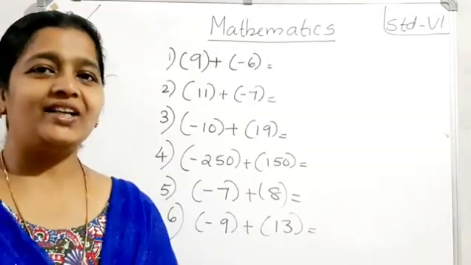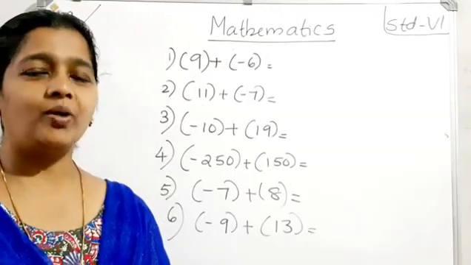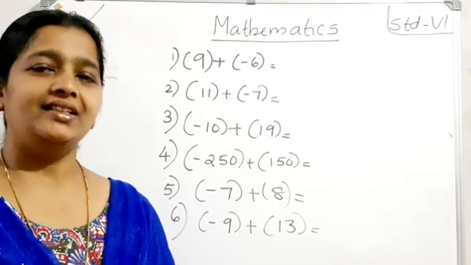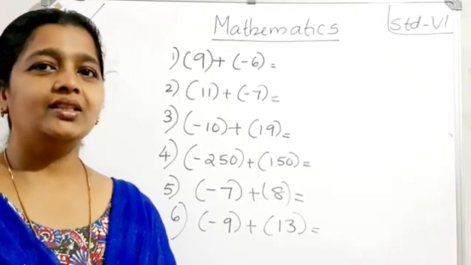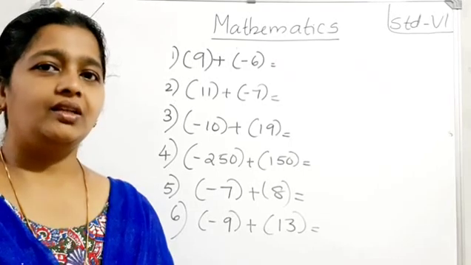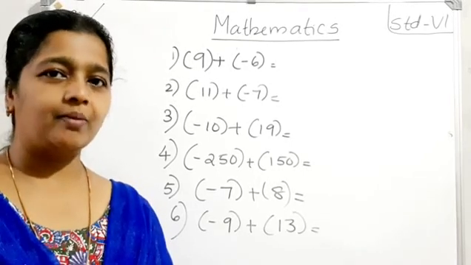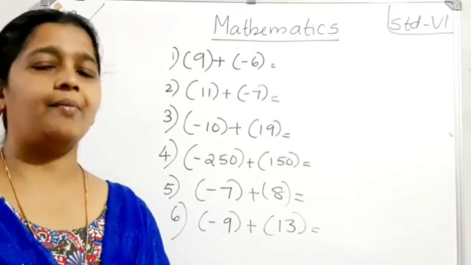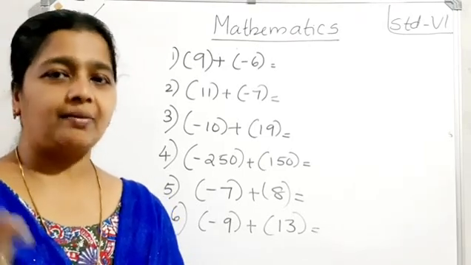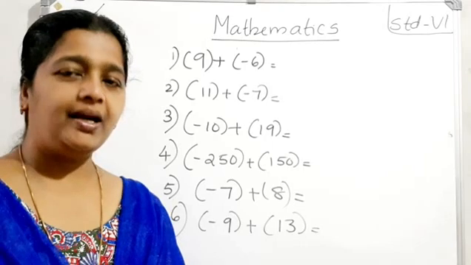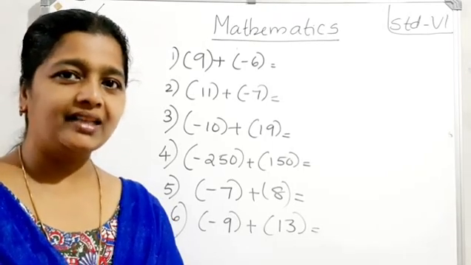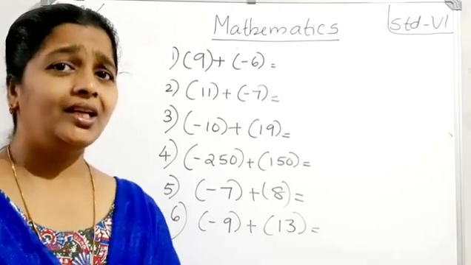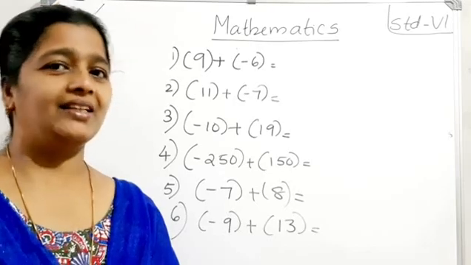Next we can do some problems based on one positive and one negative integer. First, subtract the greatest number minus the smallest number, and you put the greatest number's symbol. Clear?